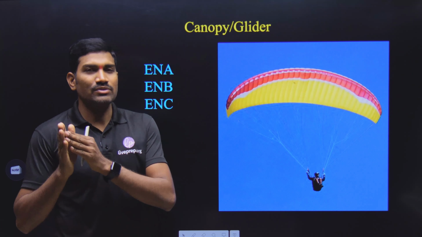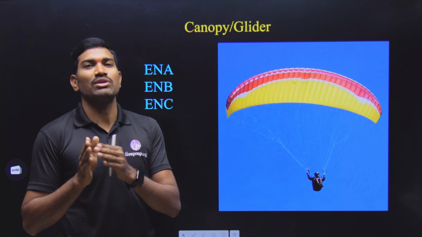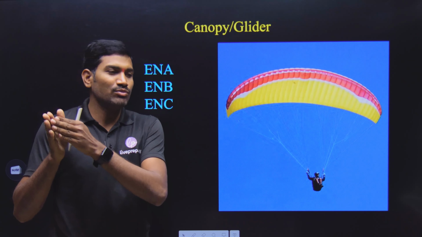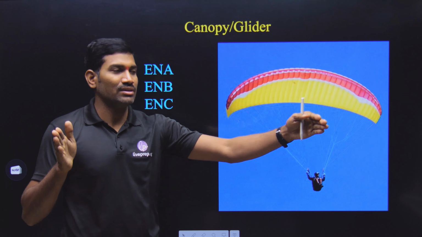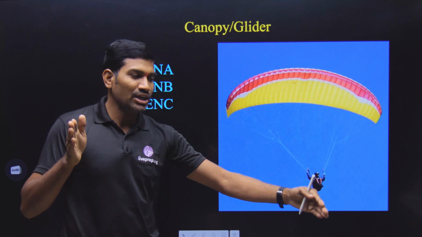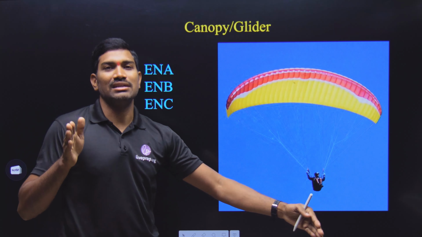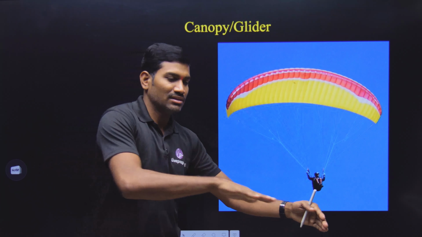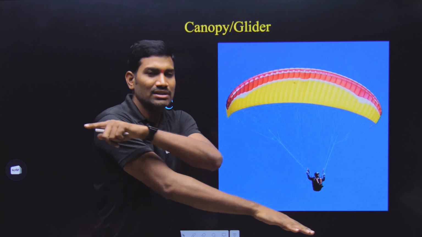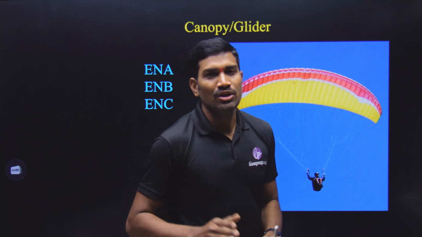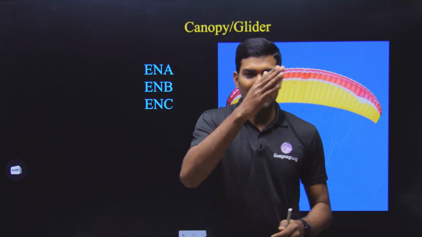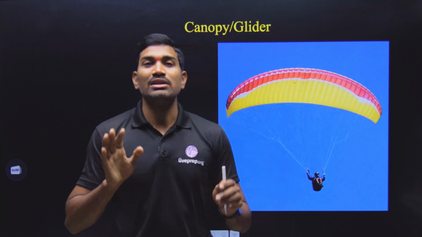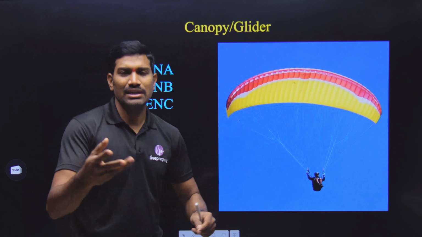Suppose it is 9:1: the glider is moving 9 meters forward, and at the same time it is making 1 meter descent. So 9 meters forward movement and 1 meter downward movement. This is just an example I am saying.